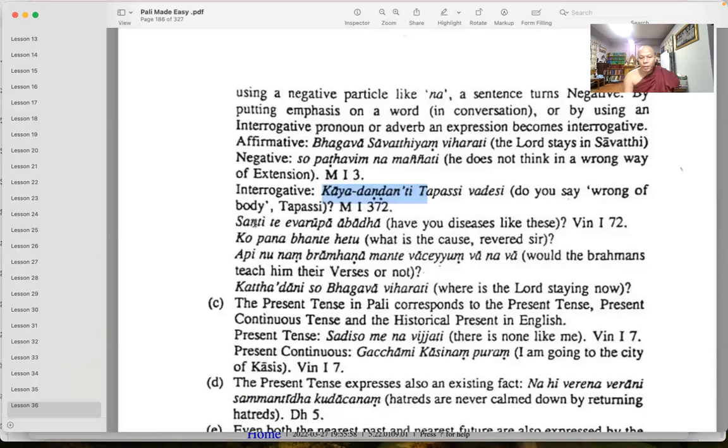And then another one is just changing the sentence order.